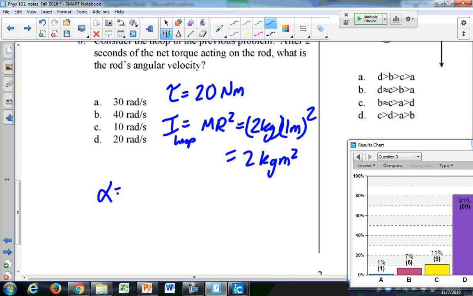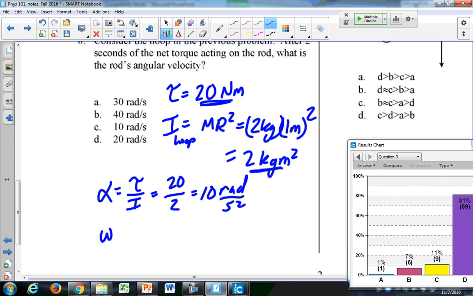And then alpha is torque over I. That's going to be 20 over 2, my torque divided by my moment of inertia, which is 10 radians per second squared. And then after 2 seconds, omega is equal to alpha times t, which is 10 times 2, which is equal to 20. So D is the right answer.